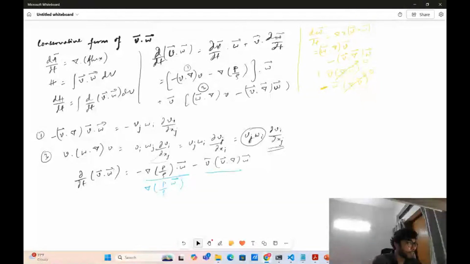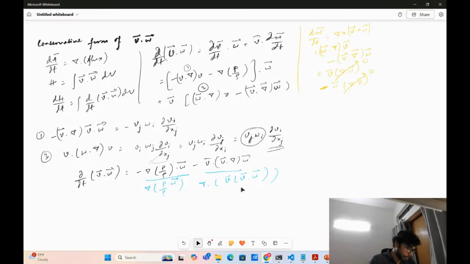Now there is another identity which states that this is equal to del dot v v dot omega. Just look it up how this goes from here to here. Maybe I will post the notes in detail of how this goes.